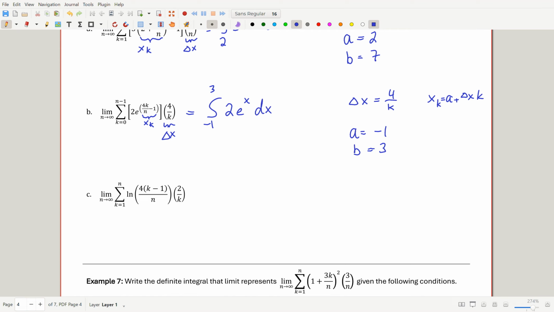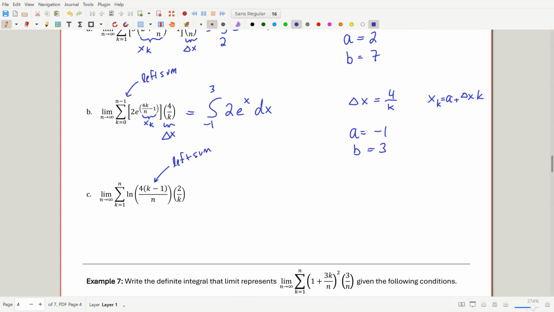First thing here, just like Ivan said on this one, this is a left sum. This is one way we get a left sum. Because instead of multiplying delta x by 1, 2, 3, 4 all the way up to n, we're multiplying delta x by 0, 1, 2, 3, 4 all the way up to n minus 1. This k minus 1 here also makes this a left sum.